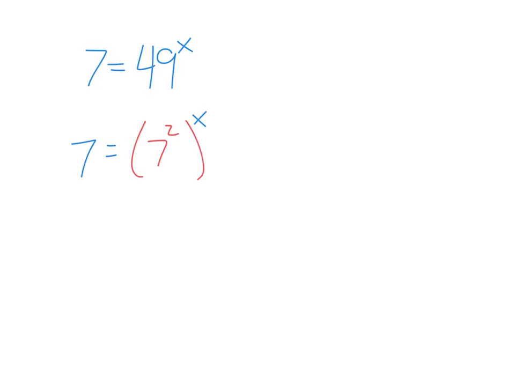And so then what is our power to a power rule? We just did it. Multiply. So then the right-hand side of this we can write as 7 to what? 2 to what?